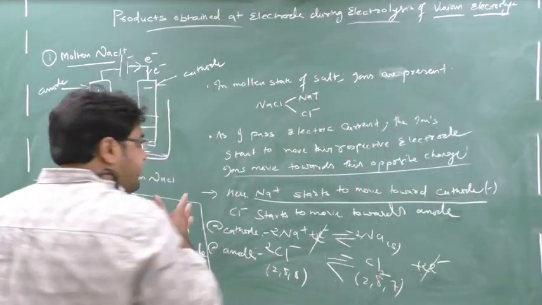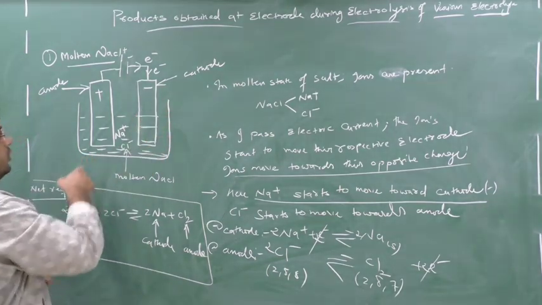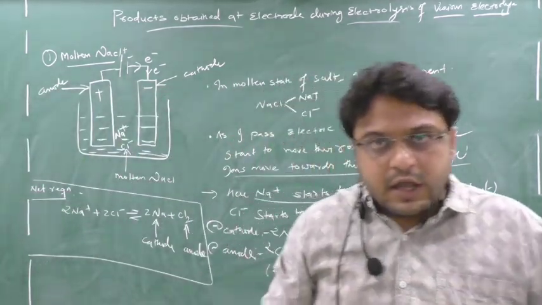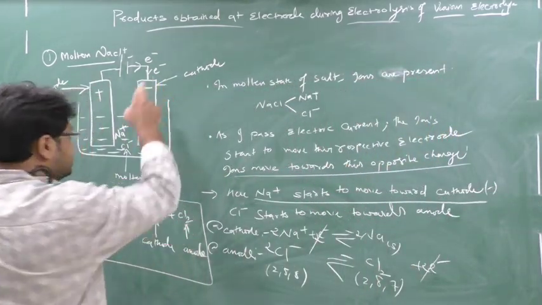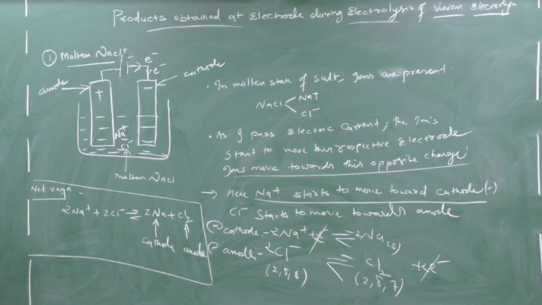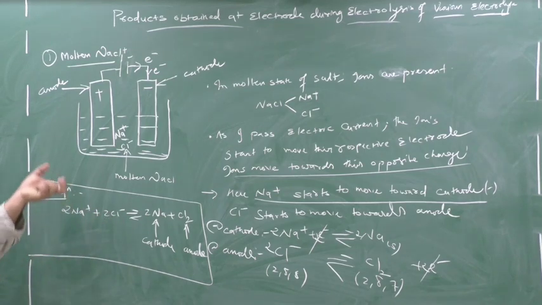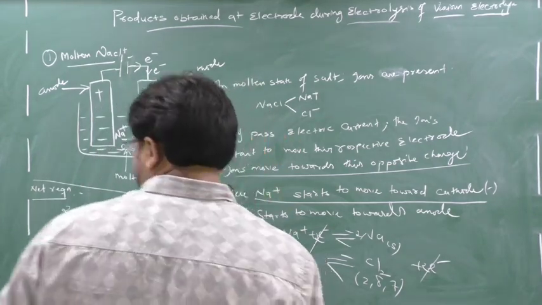And the device or apparatus where electrolysis occurs is known as an electrolytic cell. Clear this part? So the process of separation of ions and converting them into the respective free state is known as electrolysis. Clear this part?